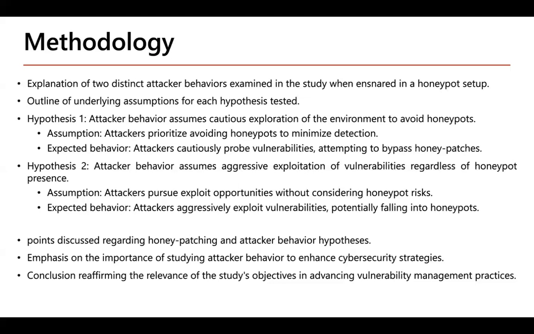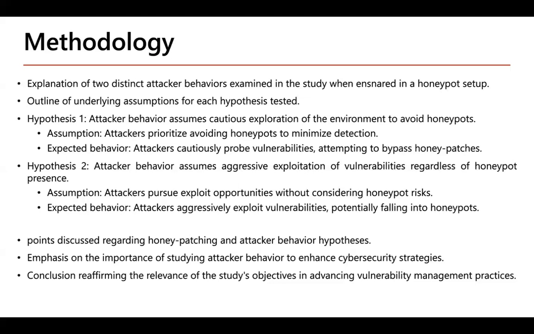So this paper displayed a scenario where all three vulnerabilities were honey patched. If some vulnerabilities weren't honey patched, the attack graph would be similar, but those specific vulnerabilities led to a real flag, not a honeypot flag. At the game start, the attacker can choose which vulnerability to exploit.